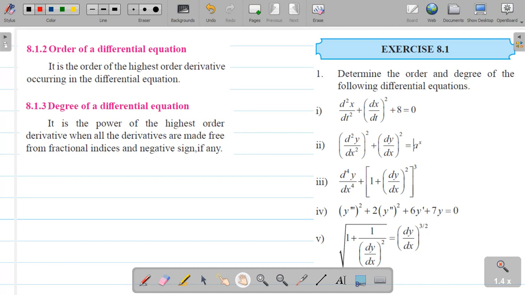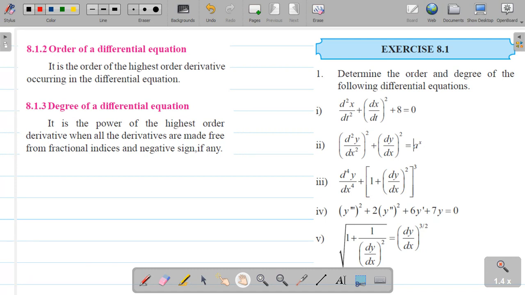And now what is the meaning of degree of a differential equation? It is the power of the highest order derivative when all the derivatives are made free from fractional indices and negative sign, if any. Degree means the power of the highest order derivative, but first of all we have to make all the derivatives free from fractional indices or negative sign.